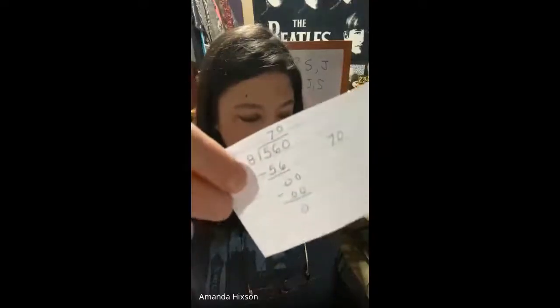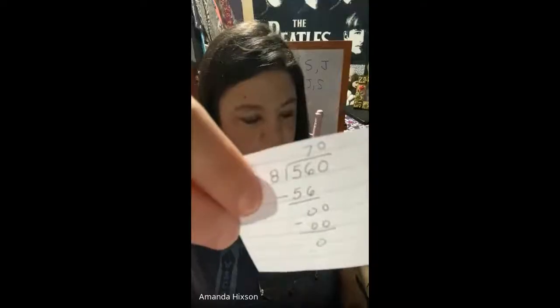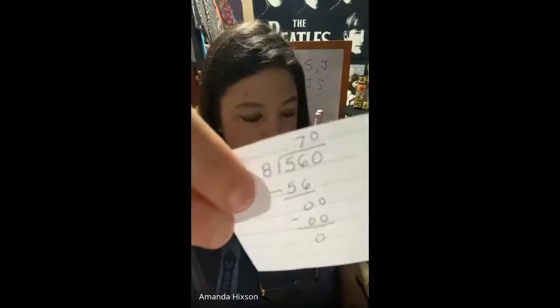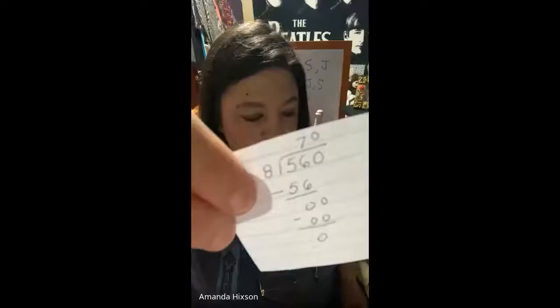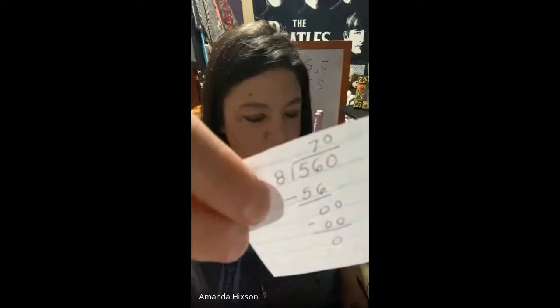So when you put 8 into 0, you get a 0. That's how you get 70. And you can always check your answer by doing the multiplication. You can say, well, let's see if that's right. You can do 70 times 8. And 70 times 8 is 560. And so you got the right answer. 70. Okay, we're going to the last one.